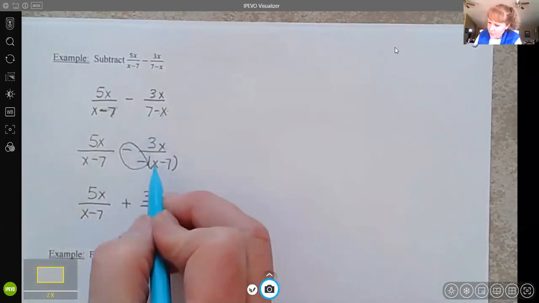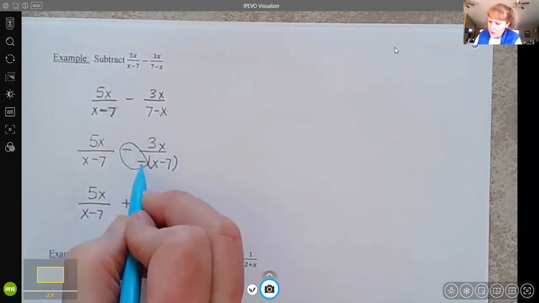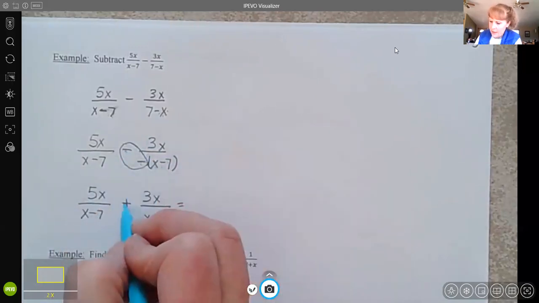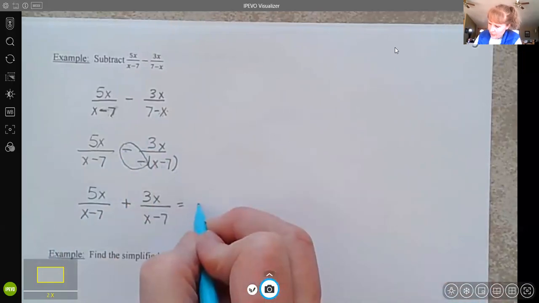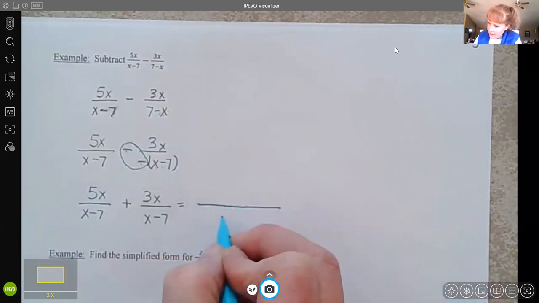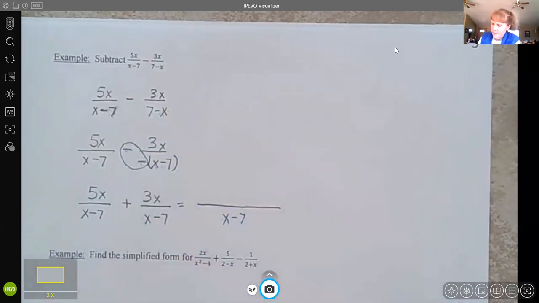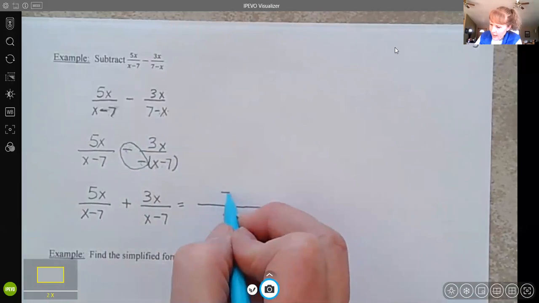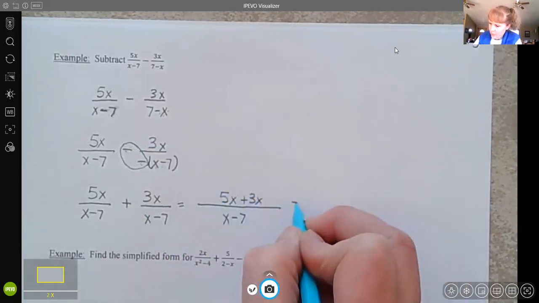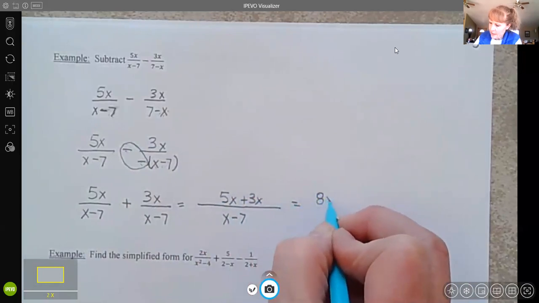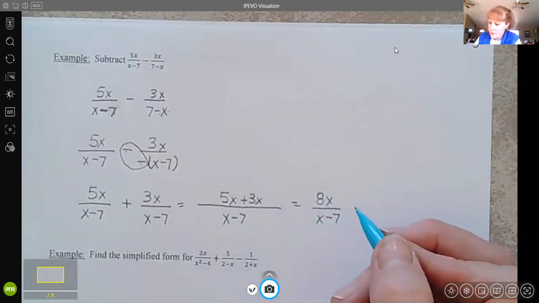Again, if you switch them around, you're going to have a negative. And if it is a subtraction, it'll become a positive. Maybe we can look at another one in our next problem too. So our common denominator is x minus 7. And we have 5x plus 3x, which gives us 8x over x minus 7, which cannot be reduced.